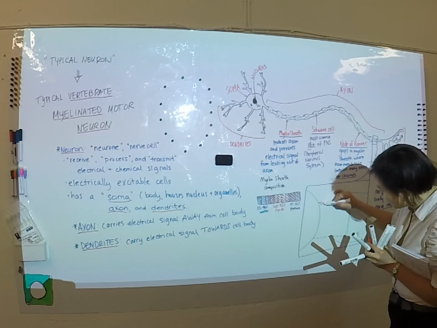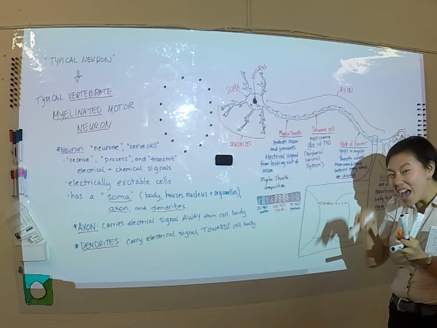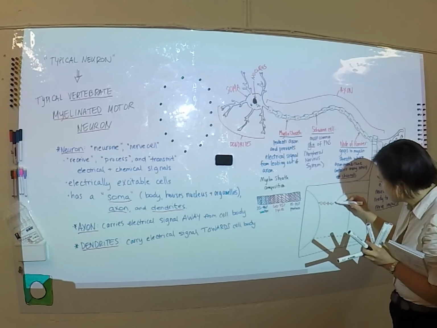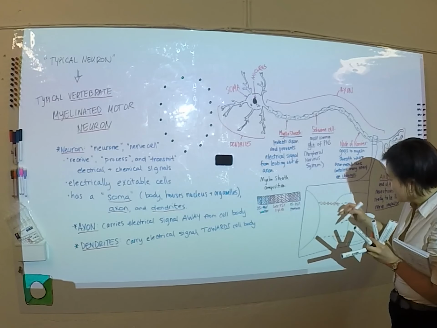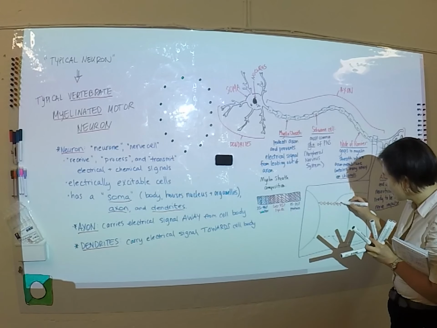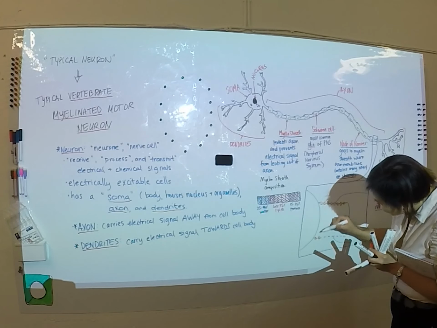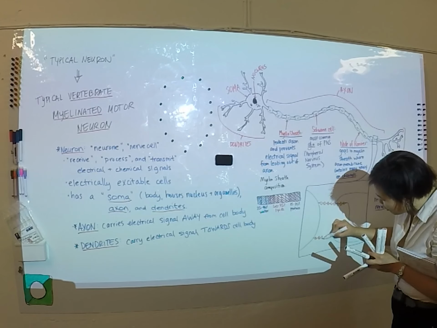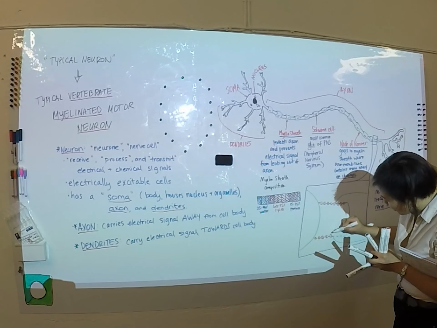Ion channels are actually proteins that are embedded in the membrane. So we're imagining that this is the inside of the membrane. We have ion channels there, we have ion channels down here. They're just everywhere. There's tons and tons of ion channels in this part of the axon membrane.